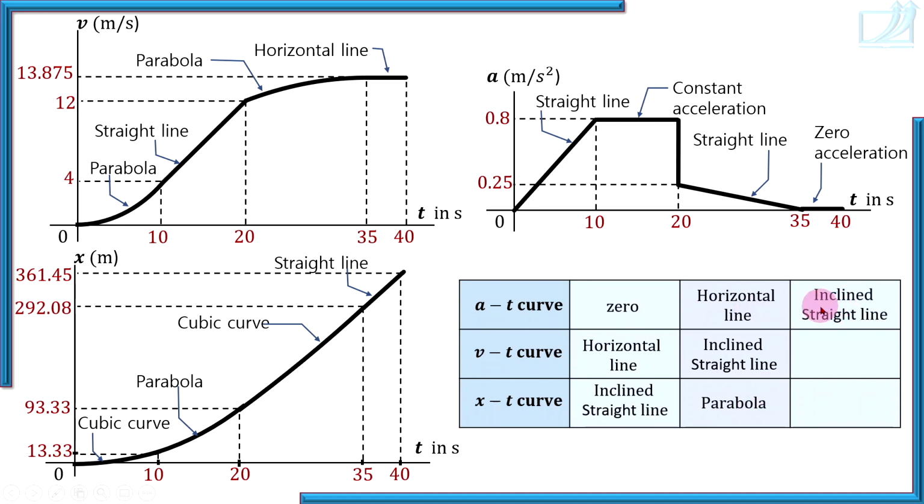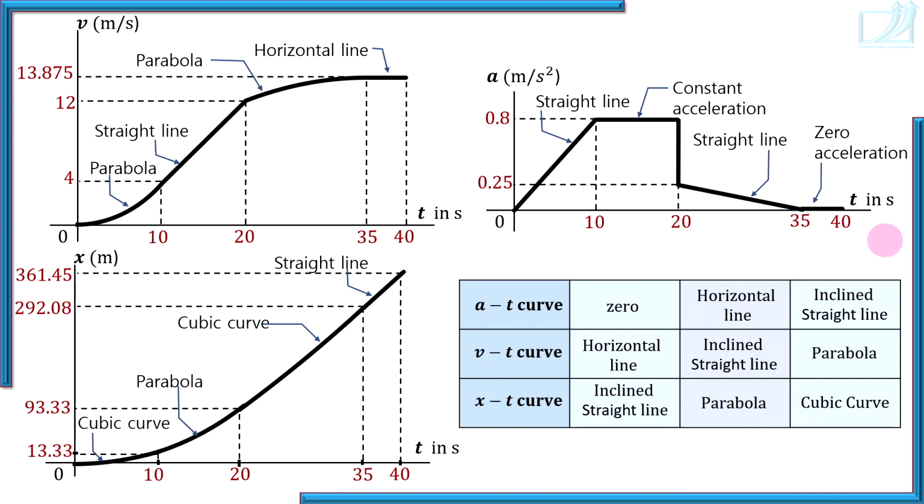Similarly, when the acceleration time diagram is an inclined line, for example 0 to 10 seconds, here the velocity is a parabola and x is a cubic curve. For example, if acceleration is equal to kt, where k is constant, then integrating acceleration you get velocity, v is equal to kt squared by 2.